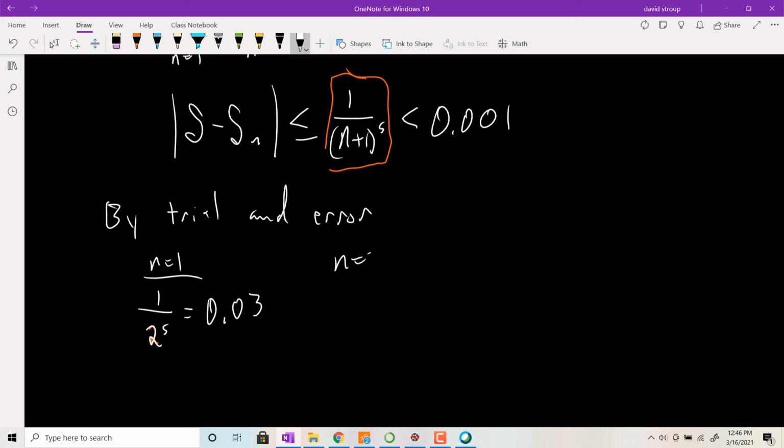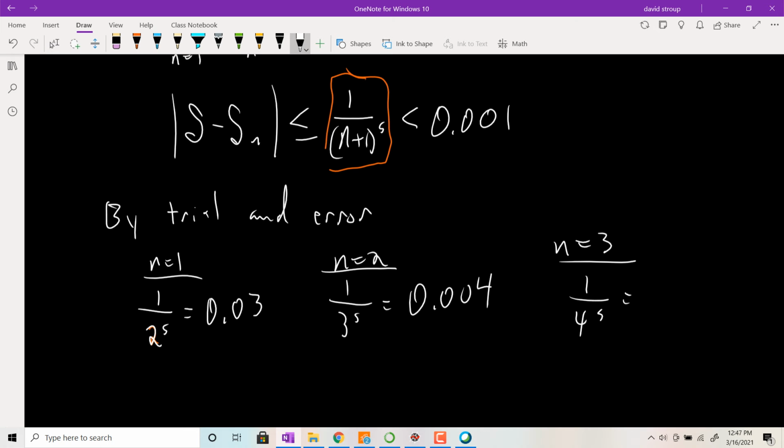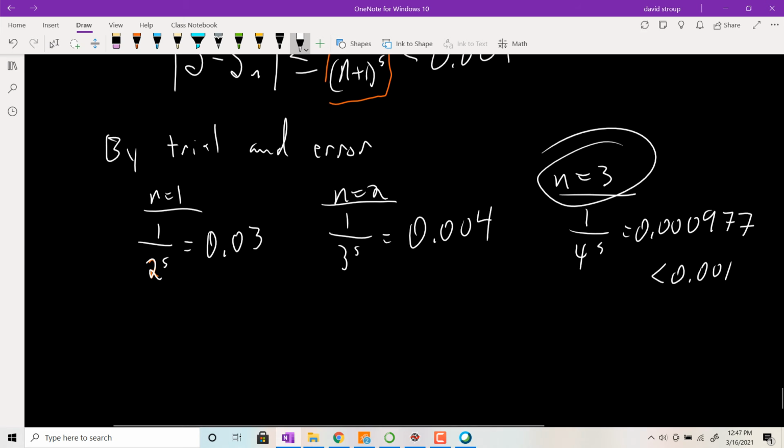So you go to n equals 2, you get 1 over 3 to the 5th, which is 0.004. It's better, but not good enough. So try n is 3. You get 1 over 4 to the 5th, which is 0.00097, and that's definitely less than 0.001. So n equals 3. You need S sub 3.